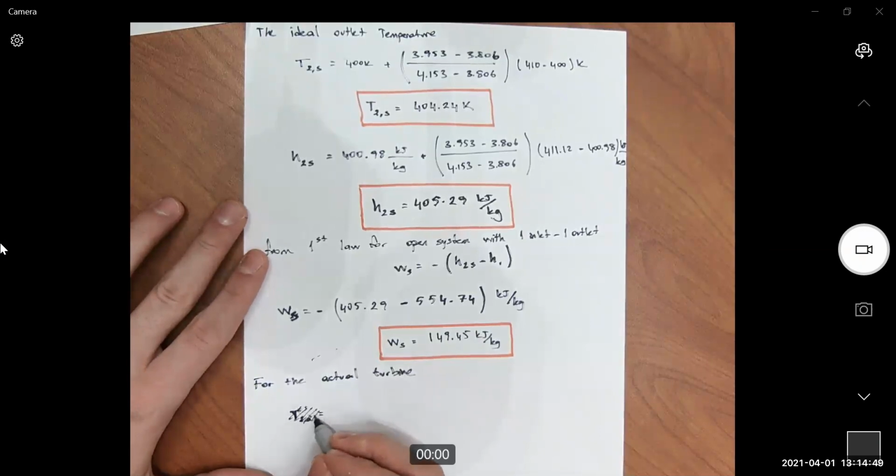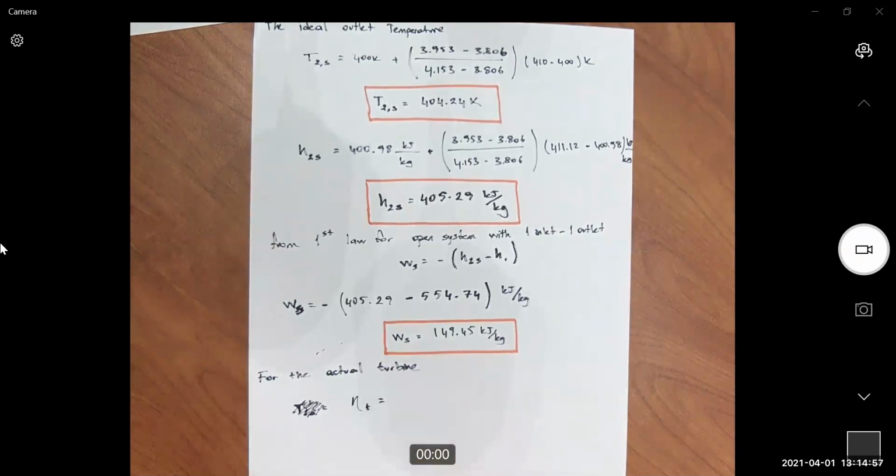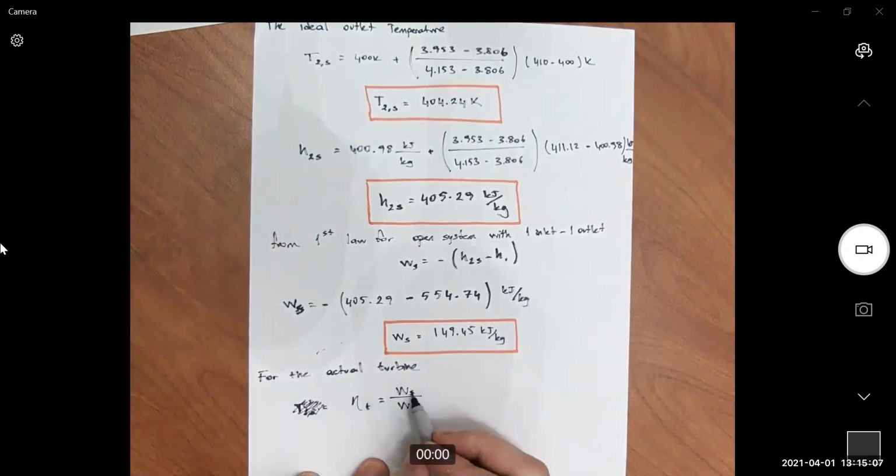Okay. Before doing that, I need to find something. I know my thermal efficiency is given in the problem, right? 85%. And I know my thermal efficiency is the ratio of actual work over ideal work.